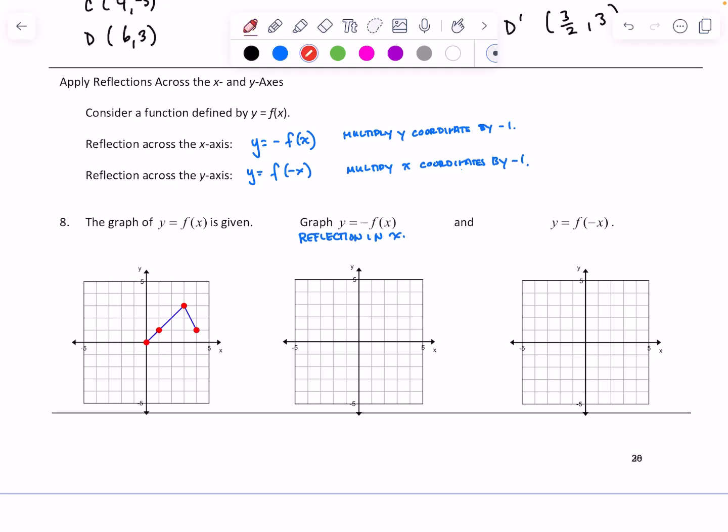The first point in the middle stays there because it's on the x-axis, so it doesn't move. The point at 1, 1 is going to get reflected down to 1, -1. We're multiplying y by -1. Then the third point over here in red at 3, 3 is going to end up at 3, -3. And lastly, the point at 4, 1 is going to end up at 4, -1. And we get a picture that looks like that.